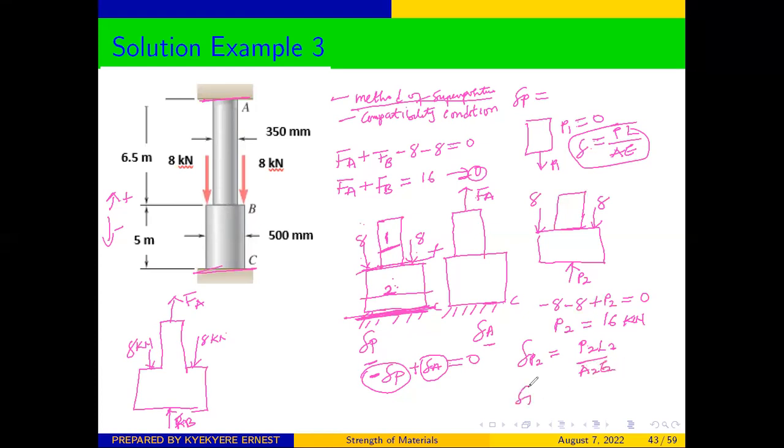So from there, delta P2 will be equal to P2, which is 16 times 10 to the power 3, kilonewton, times the length of that section. Section 2 is from this point to that point. And we know that the length is 5. So you have times 5 over the area. The diameter is 500. So we are going to get 3.142.